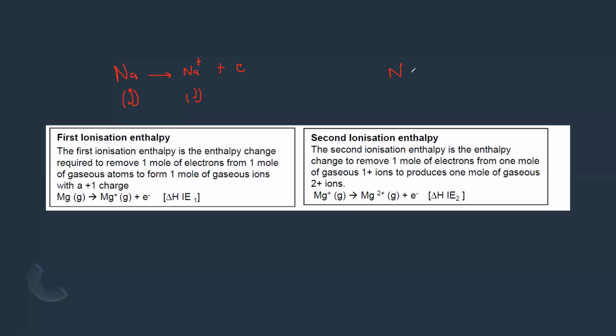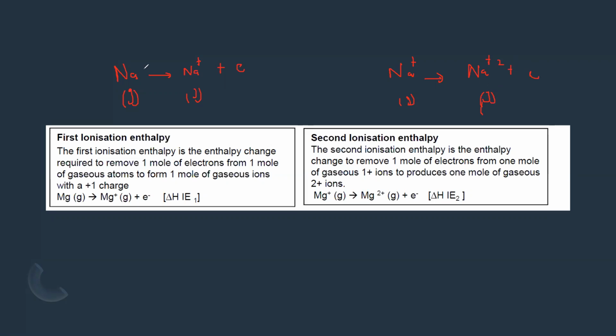But if we remove a second electron, with the sodium ion already there in a gaseous state, we supply more energy so that we remove an electron from the sodium ion so that it becomes a +2 charge. So it becomes +2 charge by losing one more electron. This is also known as the second ionization.